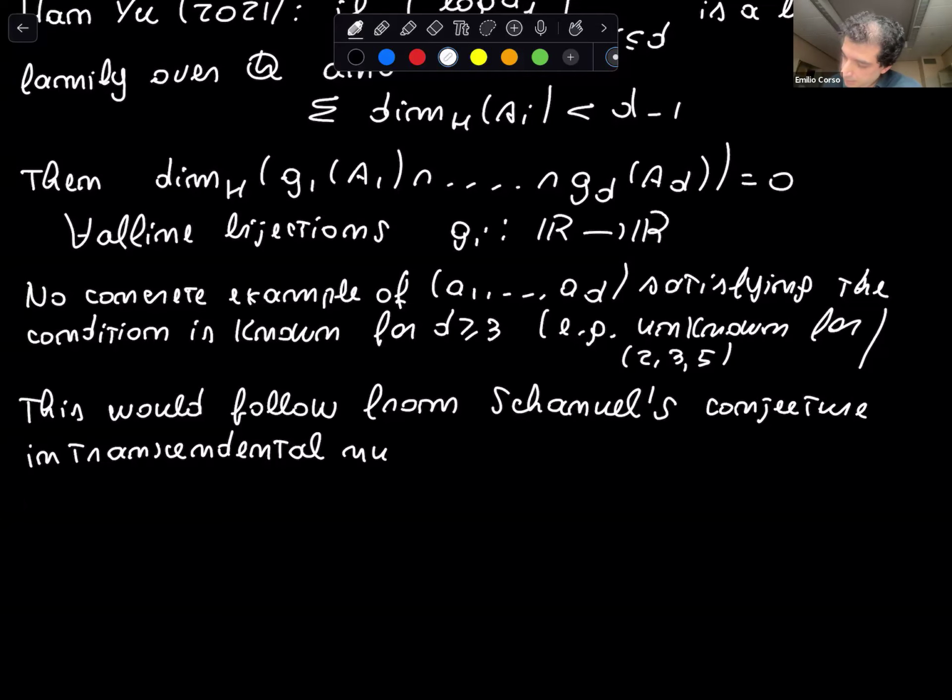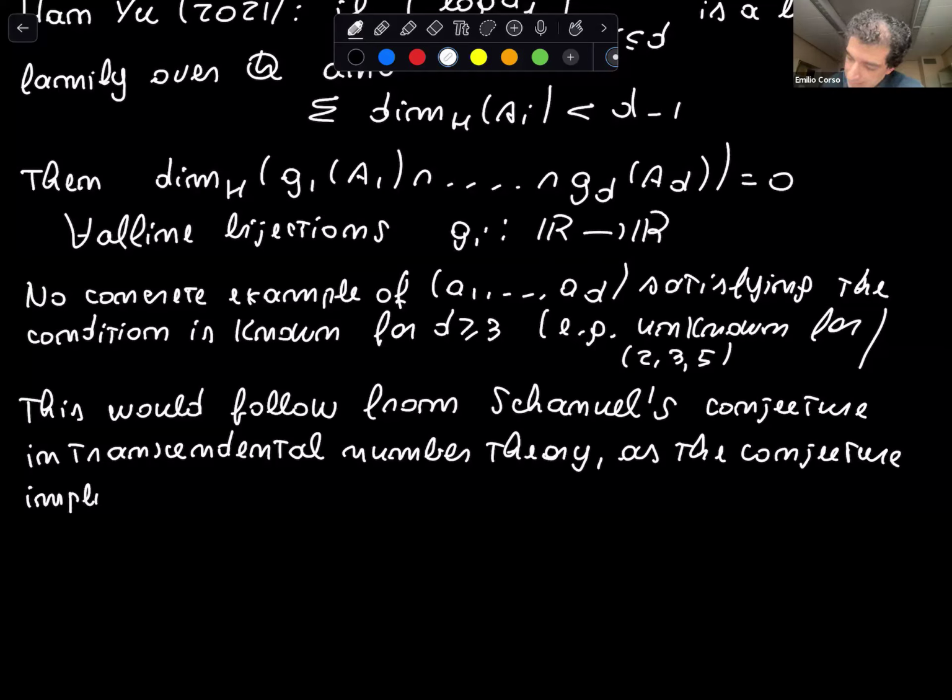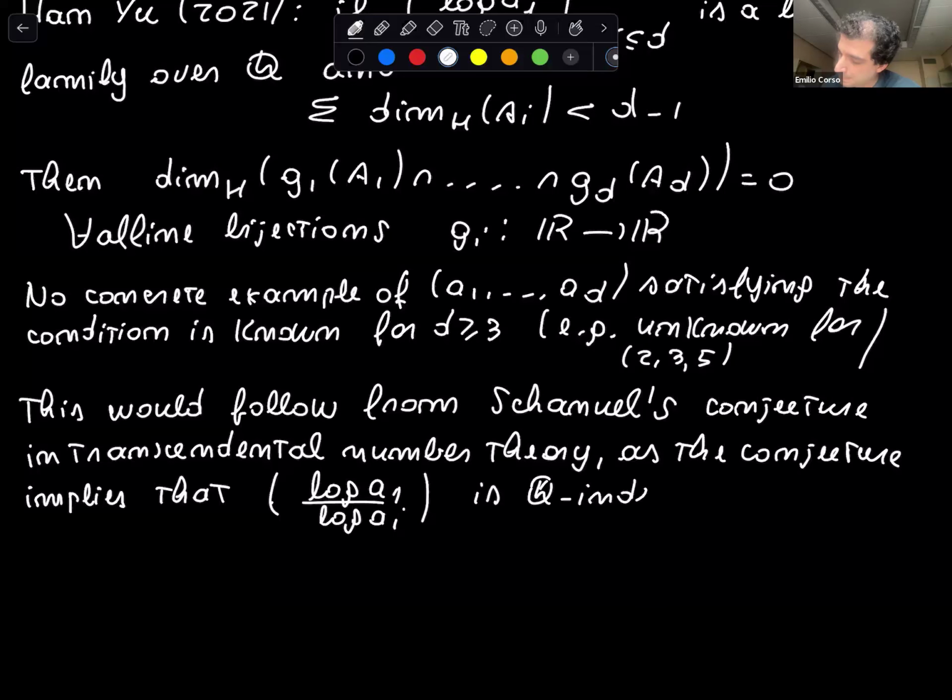In transcendental number theory, the conjecture implies that this is the case, that log A1 divided by log AI is Q independent as soon as the inverse ratios are Q independent, and that's a completely checkable condition.